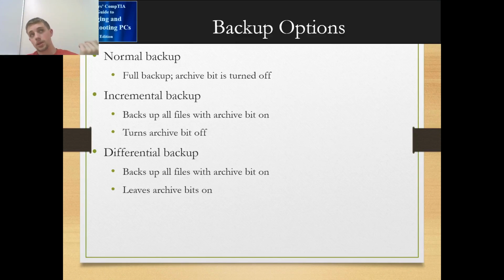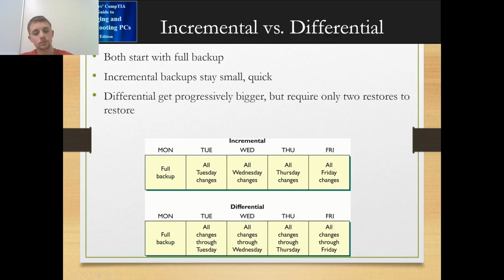But obviously, as you go down in space used, you get less and less security for restores in case your backup gets corrupt. Every single backup starts with a full, because you have to base your backup off of something.